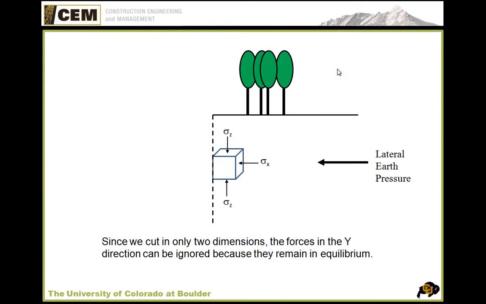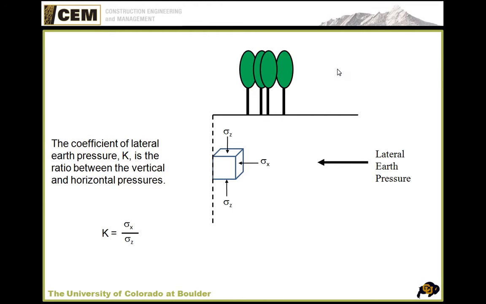So we can actually take that sigma Y away because it's going to be consistent along the profile of our wall. Now we end up with this problem where we need to know the lateral earth pressure, but that's a very difficult thing to measure in the field. What we can measure is the vertical pressure, sigma z, because sigma z depends on the weight of the soil above that point.